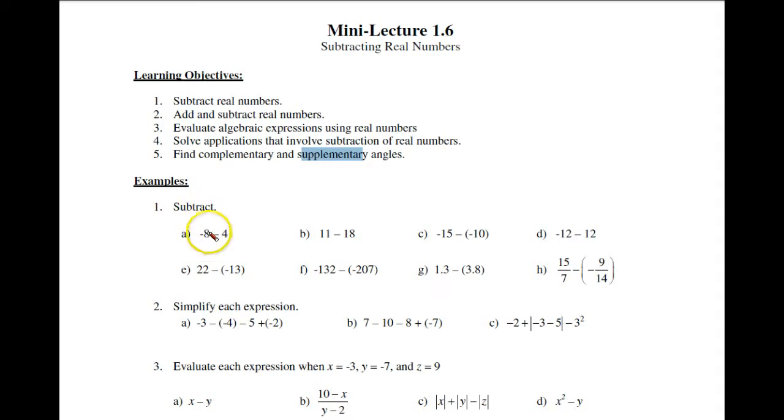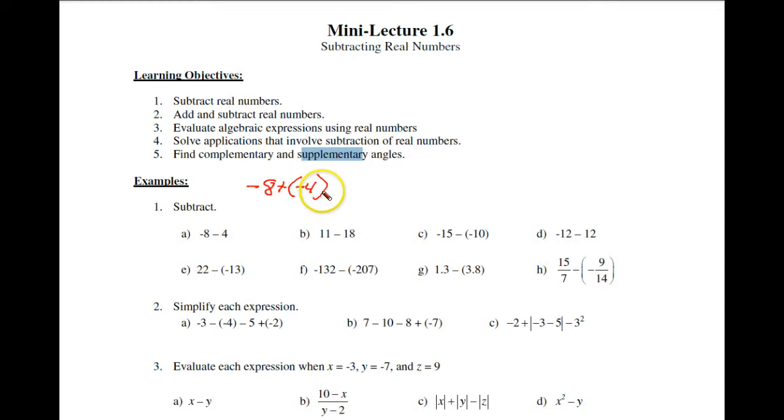Now, how do we know, in a sense, that this is subtract? Well, because of that negative sign right there. Now, notice we could rewrite this into this, negative 8 plus a negative 4. Showing it this way is another way to show it.